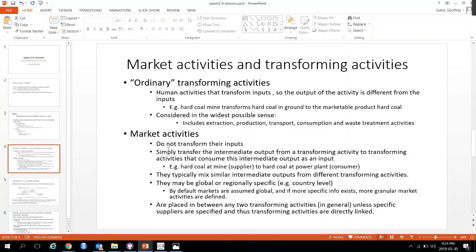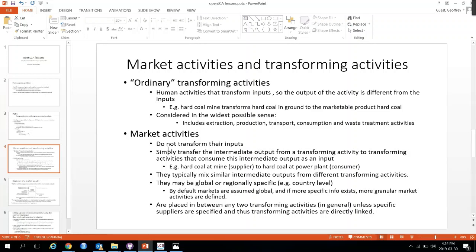For example, a hard coal mine transforms hard coal in the ground to a marketable product to be distributed. So it's just to be considered in the widest possible sense. It could include all these things like extraction, production, transport, consumption, and waste treatment.